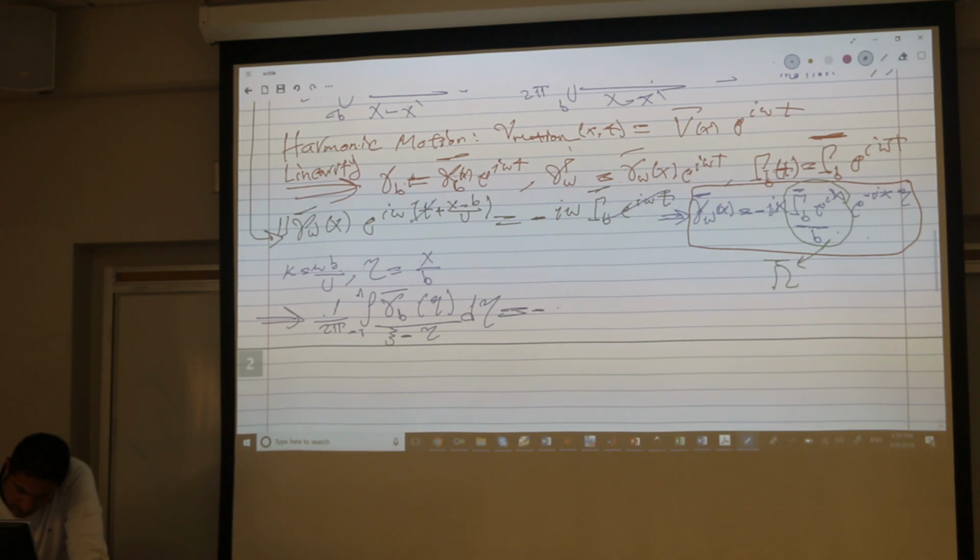So negative of the v motion, which we call v bar of x, now it's zeta.